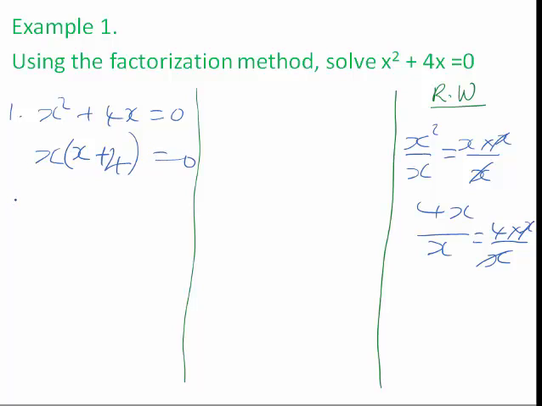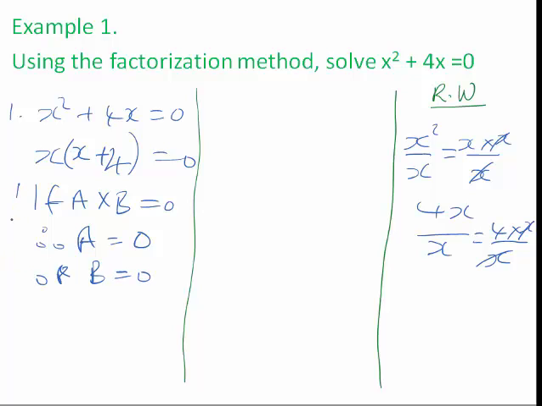Then for factorization, we have this relation: if A times B is equal to 0, therefore A is equal to 0 or B is equal to 0.